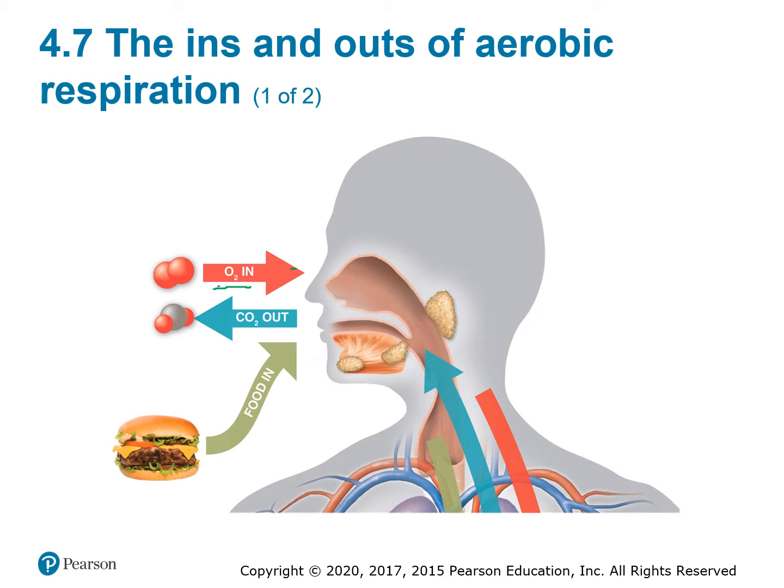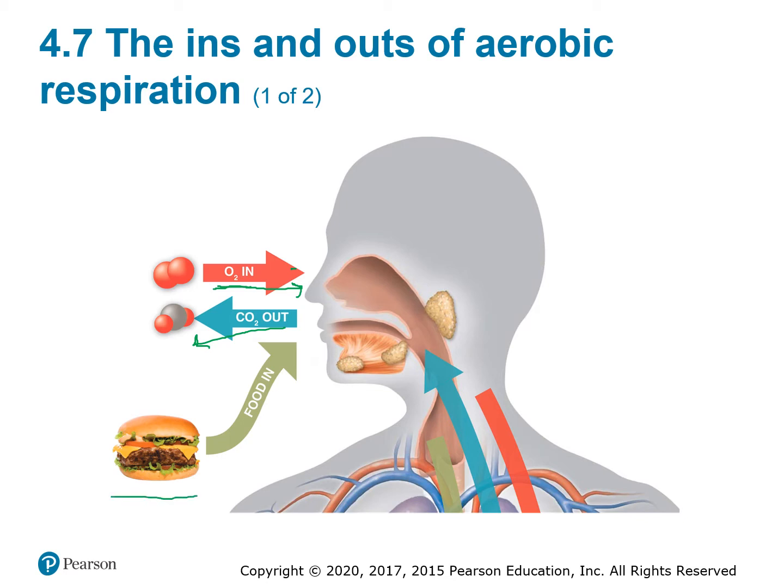Oxygen is brought in, and CO2 at the end of cellular respiration is released. So we breathe in oxygen and we breathe out carbon dioxide. That gas exchange is part of the respiratory system.